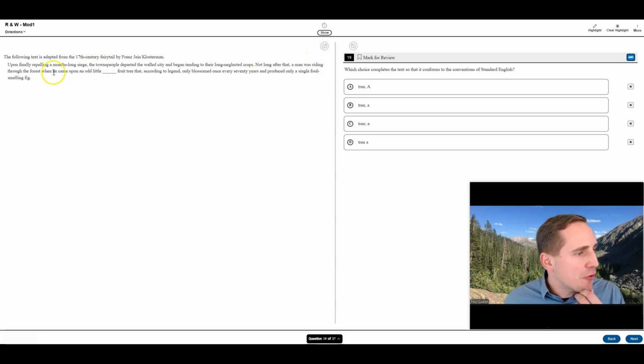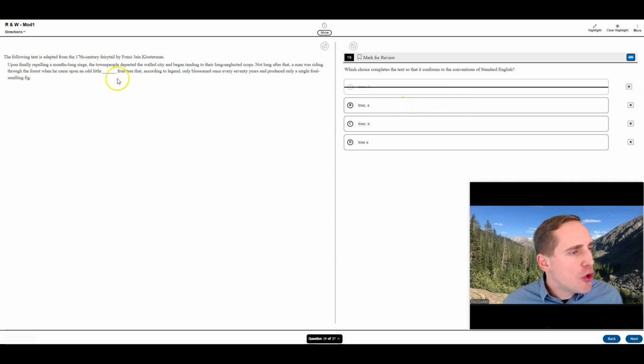It says a man was riding through the forest when he came upon an odd little tree, and it says a fruit tree that. So let's consider what that's going to be. I don't think we're going to end with a period, because a fruit tree that is really connected to what's going on with tree. We can see that's because we keep describing the tree with according to legend. So we're not going to go with a period.